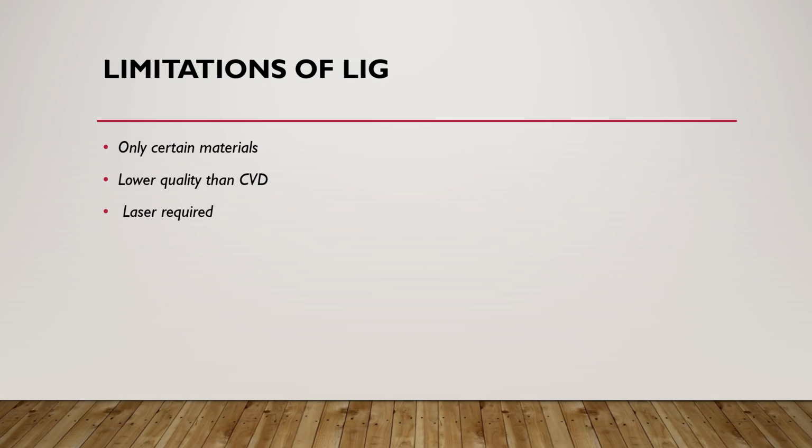It also gives lower quality graphene. The conductivity of the graphene we get from LIG is not as good as CVD, because CVD is a more controlled environment, so the quality of LIG will be lower than CVD. And also a laser is required; you can say it is an advantage or a disadvantage, no problem with that.